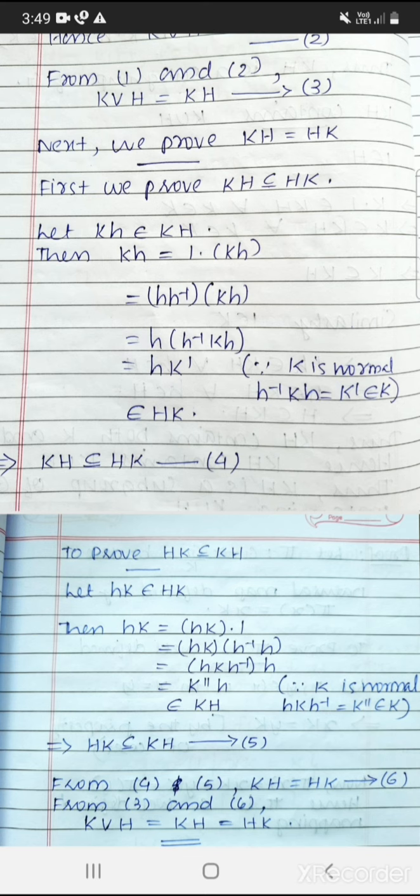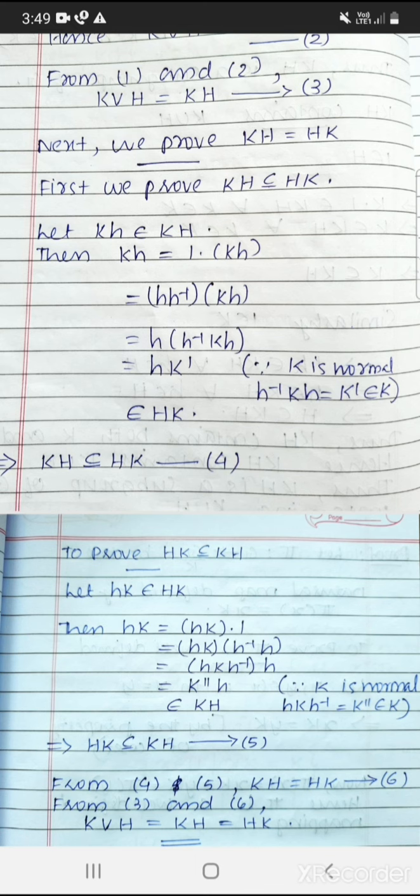So from equation number 4 and equation number 5, we got HK is equal to KH. This is my new equation number 6. KH is equal to HK is my equation number 6.